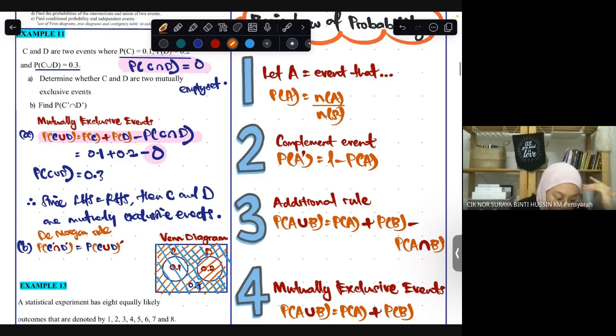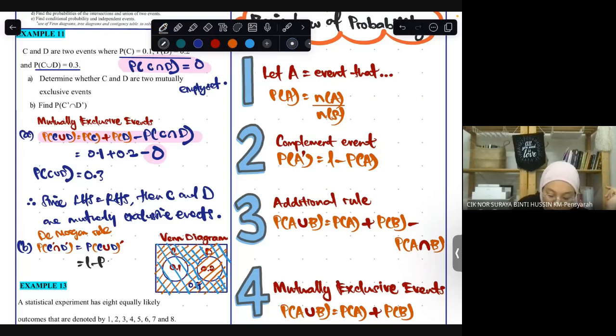The De Morgan rule, it's just a formula where the probability of C prime intersect with the D prime, you can change it into probability of C union D, and then di luar dia yang ada prime, you see.